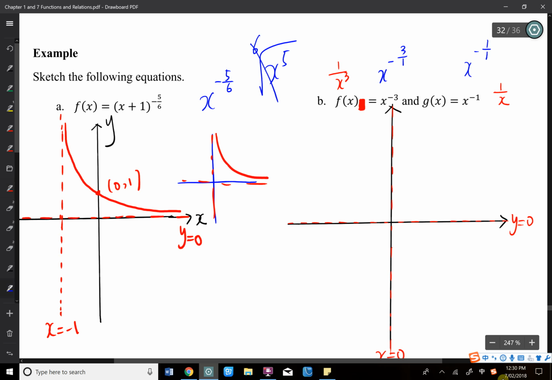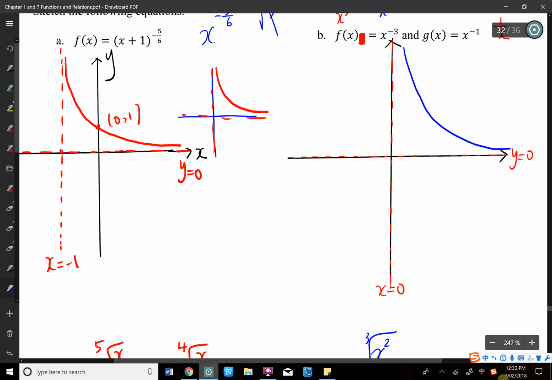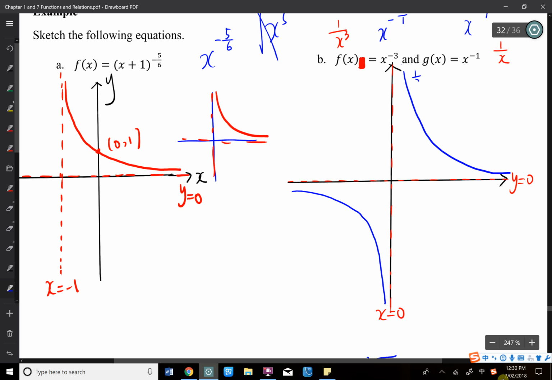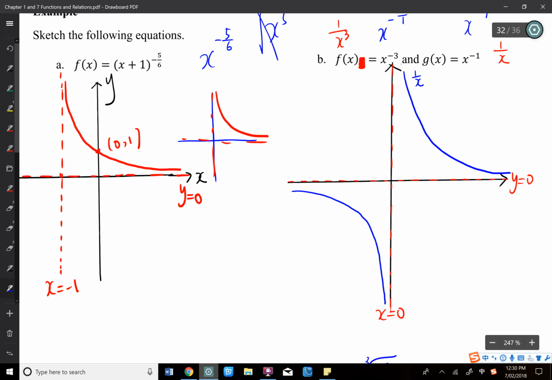I'll use the blue one to sketch 1 over x. That's 1 over x. Are there any intersections between those two graphs?